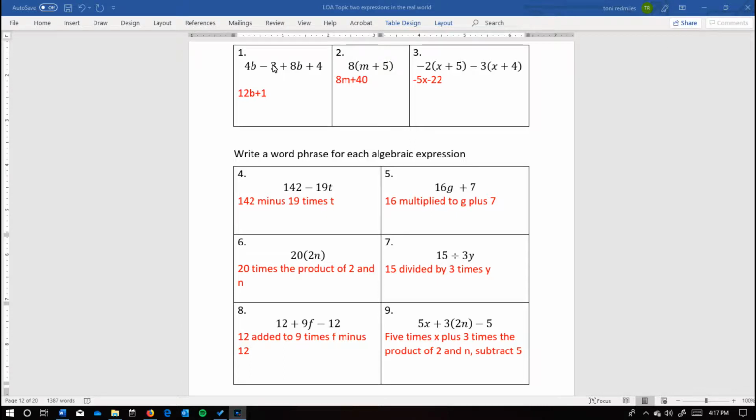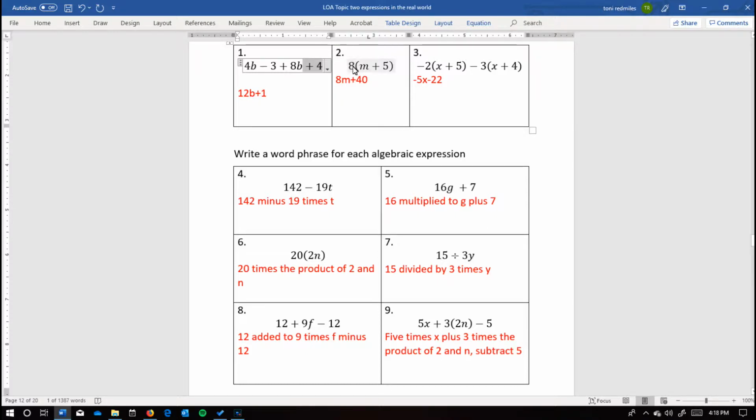So as you can see, the 4b and the 8b can be combined. 4 plus 8 is 12. It's going to be 12b. Negative 3, got to take that negative with it, plus the 4 is going to make 1. If I take 3 away from 4, different signs, I got to take away, I'm going to get 1.